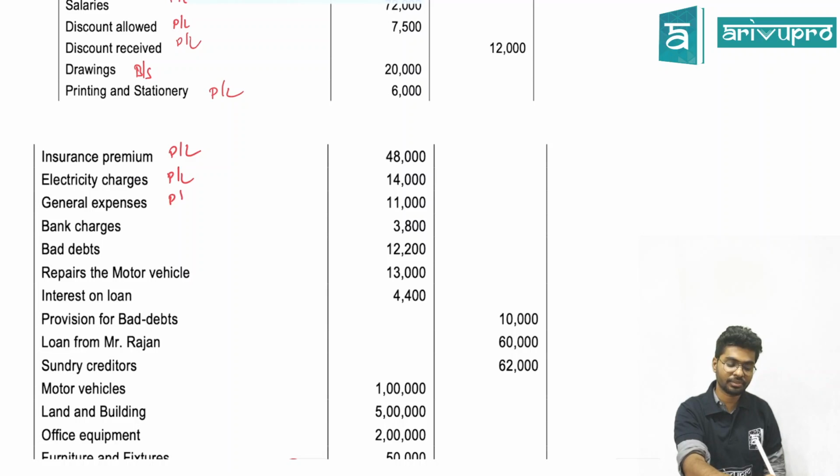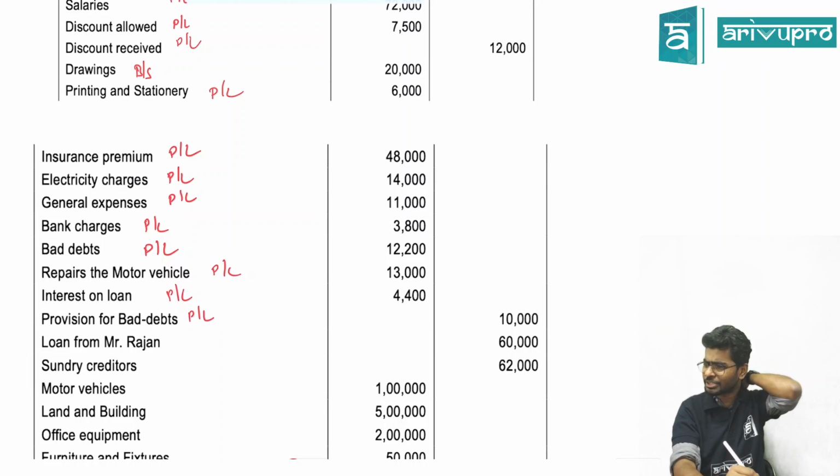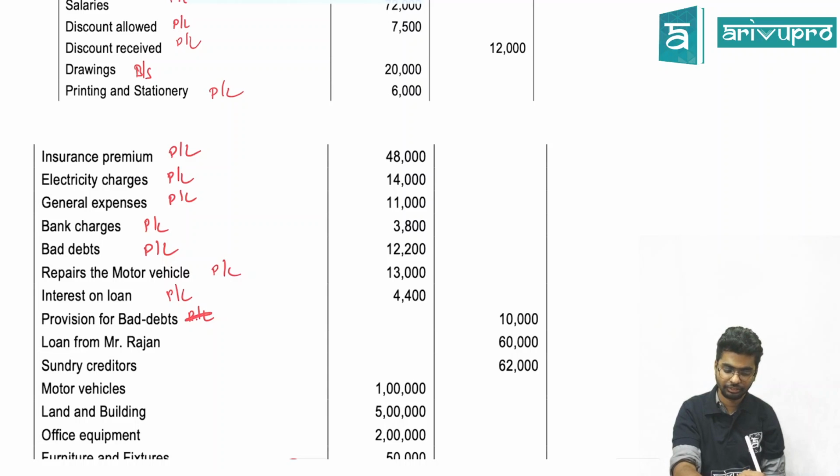General expenses. Bank charges. Bad debts. Repairs. Interest on loan. Provision for bad debts. Provision for bad debts, P&L. So you have some doubt in it. So I'll put one star. We'll see what it is. Mistakes you have made, we'll see now.